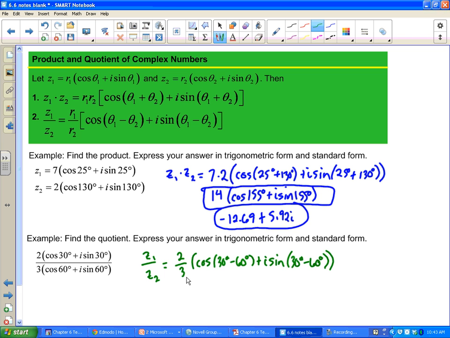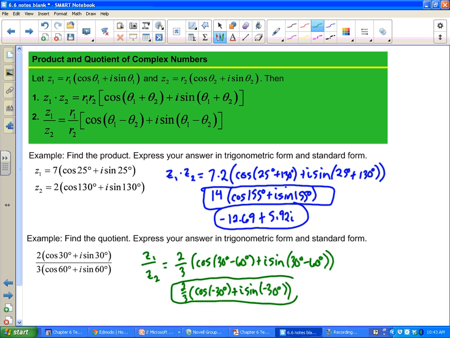If we simplify it, we can't simplify 2/3, that's just a fraction. 30 minus 60 gives us negative 30 degrees, and again, gives us negative 30 degrees. This would be our trig form answer.